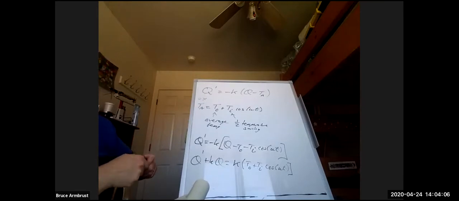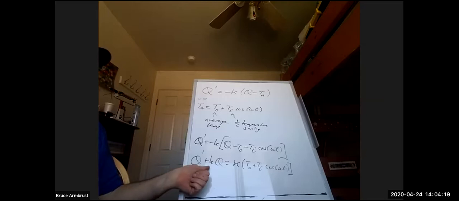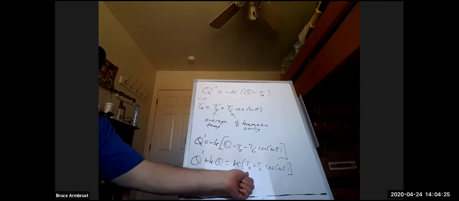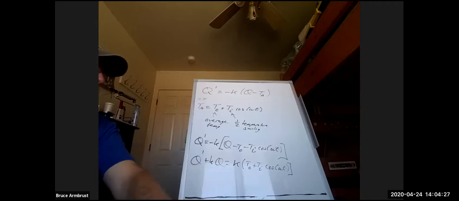And this is linear first order. So in the language of the letters we used before, P of X is K, and then G of X is this K times T naught plus TI cosine of omega T.